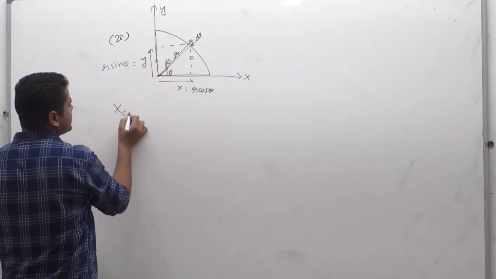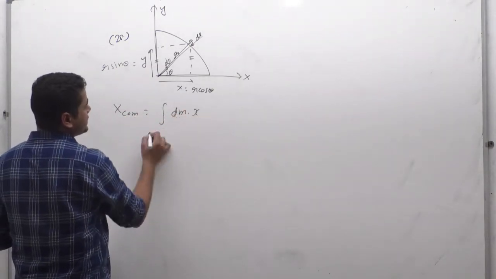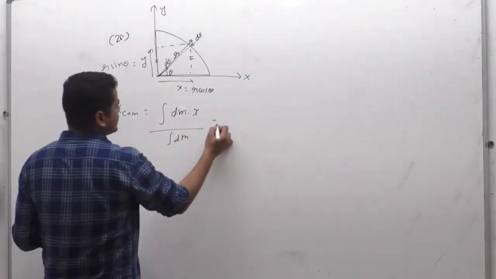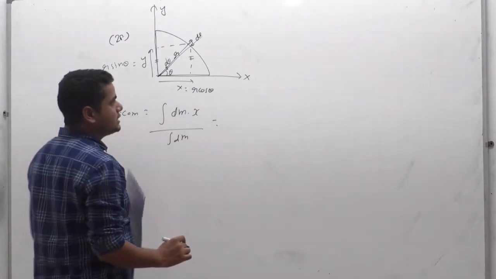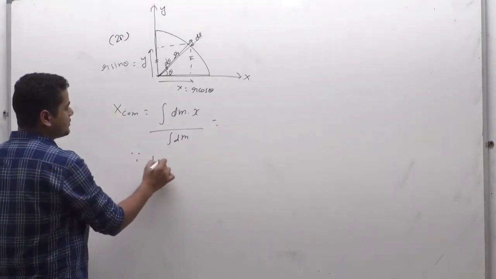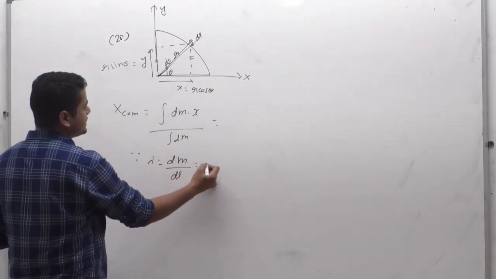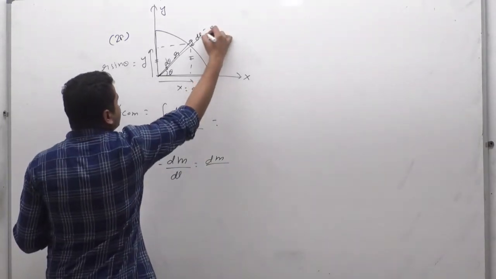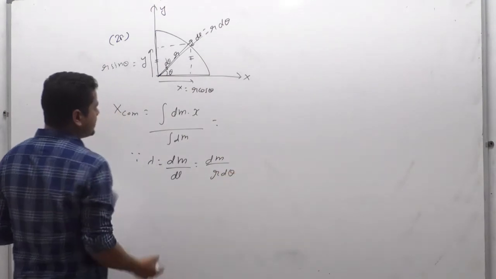For the x coordinate of the center of mass, it equals the integration of dm into x coordinate, divided by the integration of dm. By using that equation you will be able to solve it. What is dm? Here mass is distributed over the length, so lambda equals mass per unit length. The length of that part is dl, which is the arc length, r into d theta.